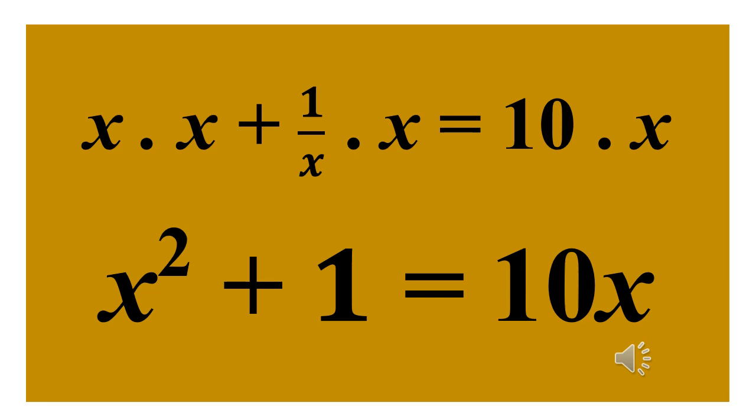So multiplying through by x, x times x gives us x squared, plus 1 over x times x, x will cancel x, then we have 1 left, equals 10 times x, that will give us 10x. Then we have x squared plus 1 equals 10x.